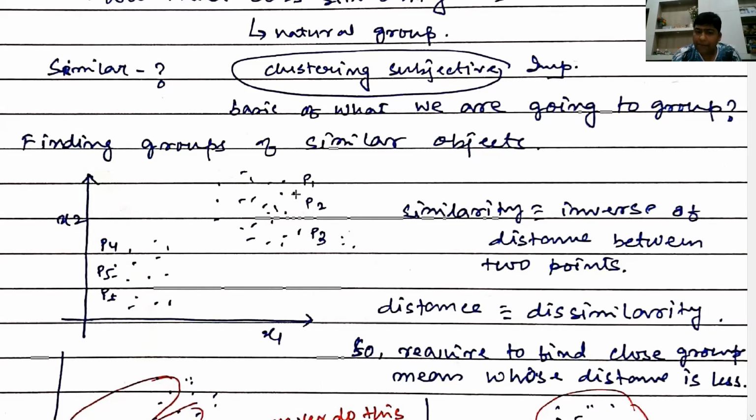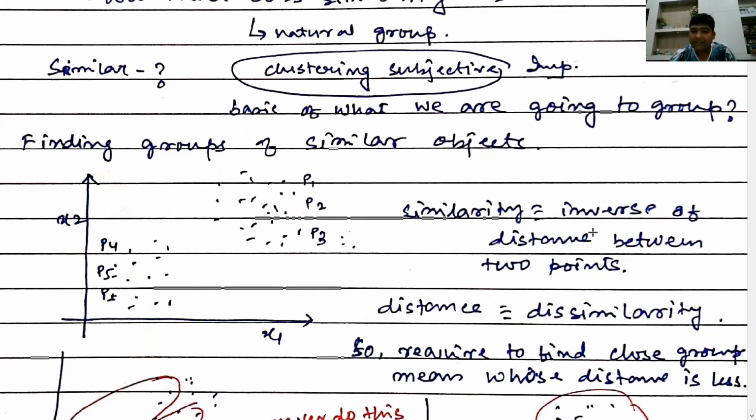So P1 and P2, there is a small distance. It means they are highly similar data. The distance between P1 and P4 is very high. It means very low similar data. So distance should be inversely proportional to similarity. High similarity means low distance, low similarity means high distance. So similarity is the inverse of the distance between 2 points.